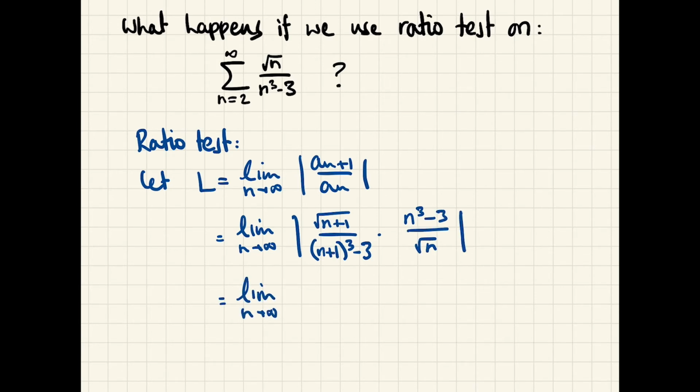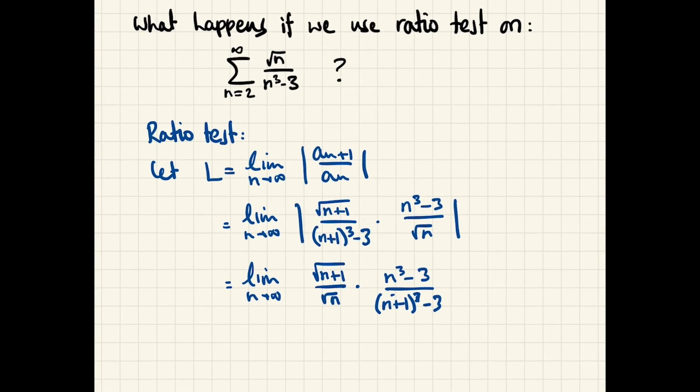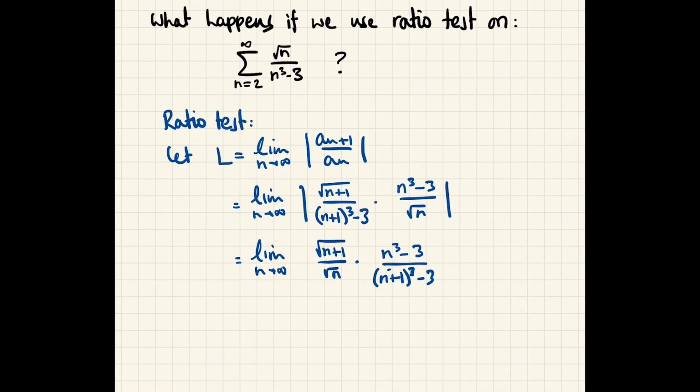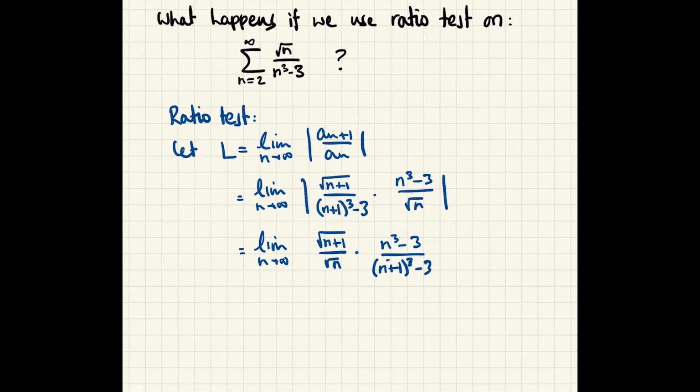So everything's positive, but line them all up with their friend. So we have radical n plus 1 over radical n multiplied by n cubed minus 3 over n plus 1 cubed minus 3.